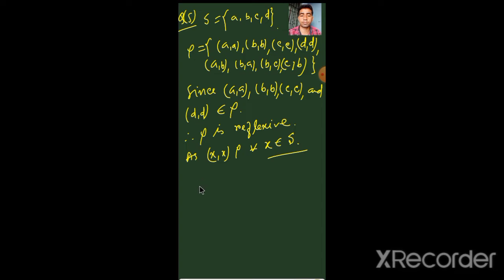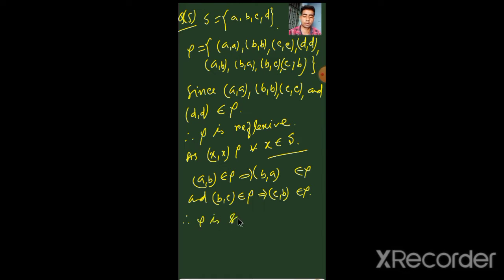Now here (A,B) belongs to rho implies (B,A) also belongs to rho, and (B,C) belongs to rho implies (C,B) also belongs to rho, and therefore rho is symmetric.